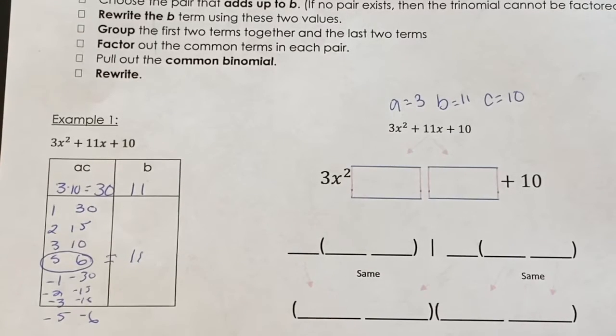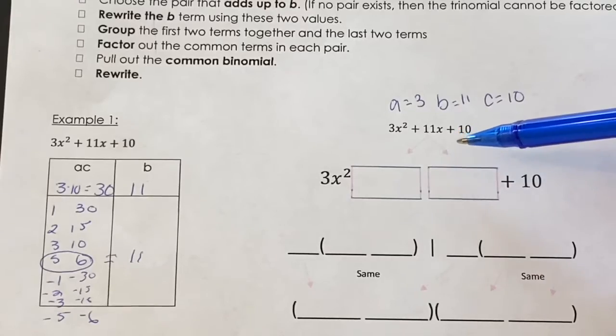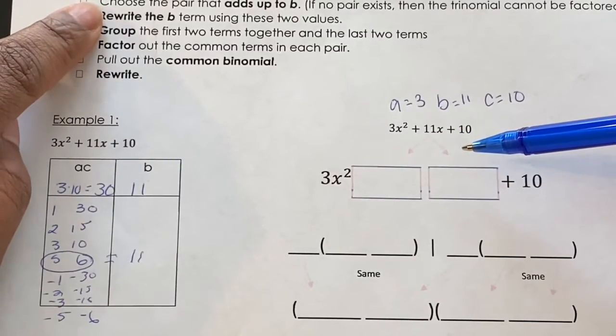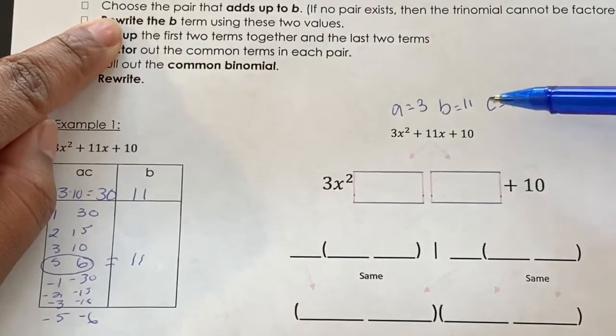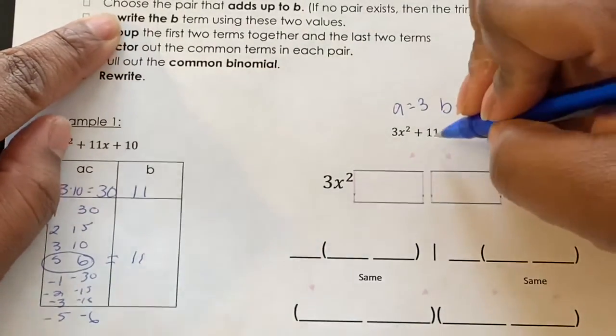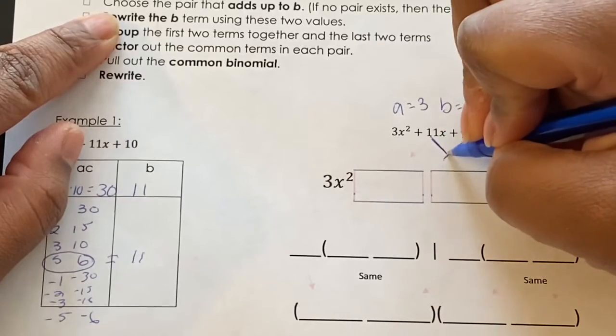Okay. So now we're going to rewrite. So you choose the pair that add to make B. And now what we're going to do is we're going to take this 11 and we're going to rewrite it as that pair.